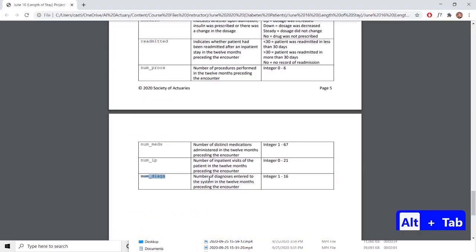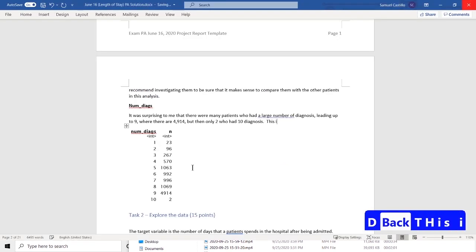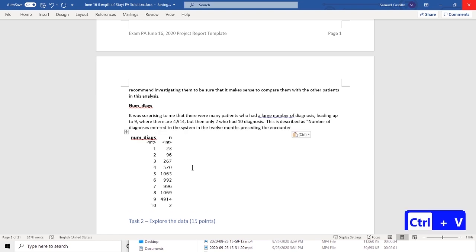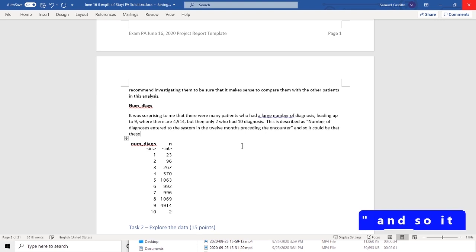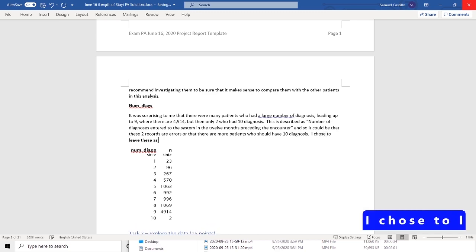So remember, this is described as the number of diagnoses entered into the system. And so it could be that these 2 records are errors, or that there are more patients who should have 10 diagnoses. I chose to leave these as they are.